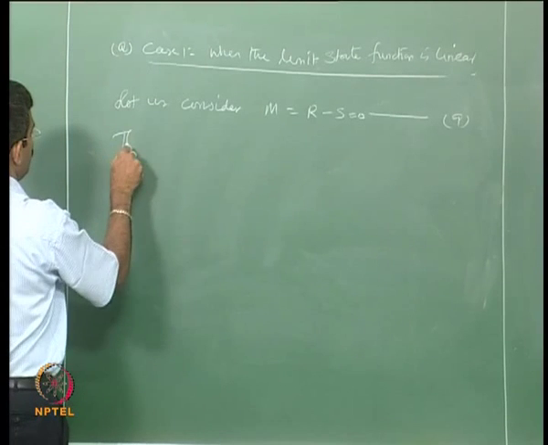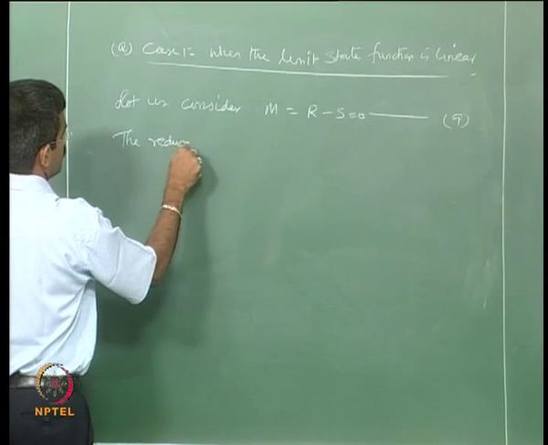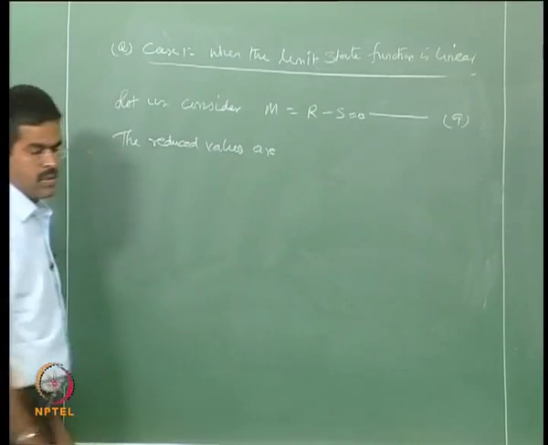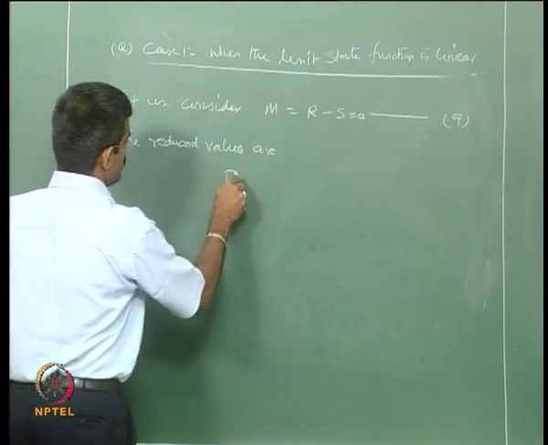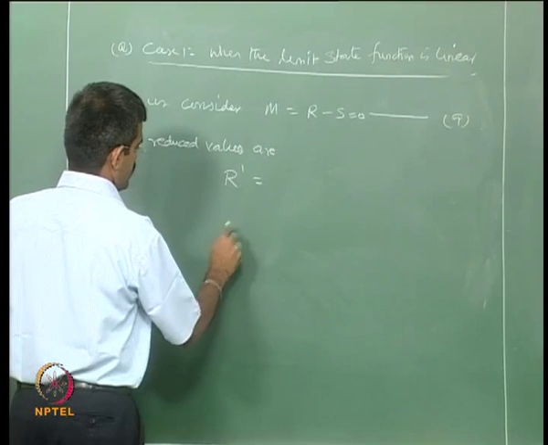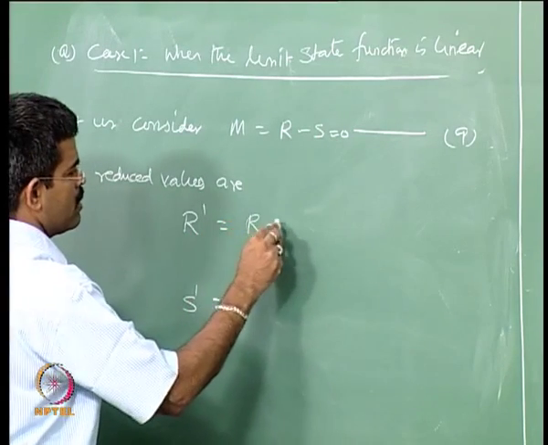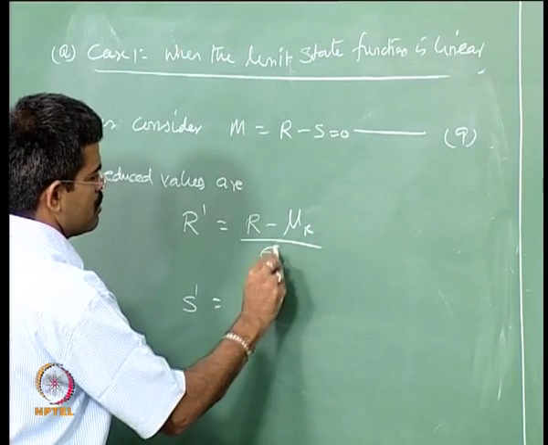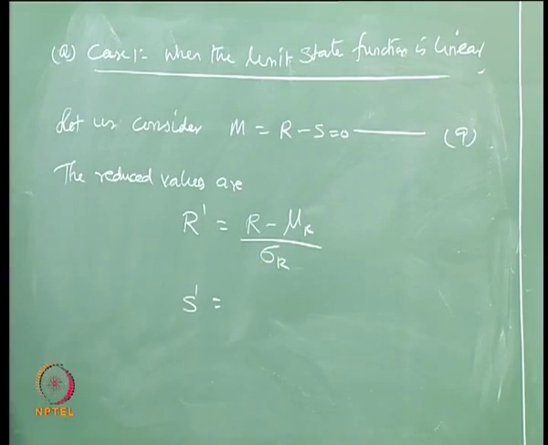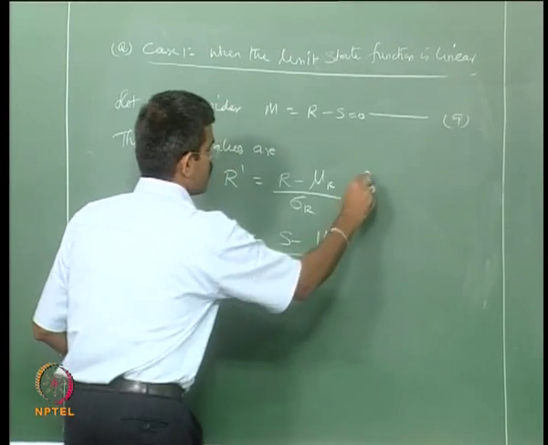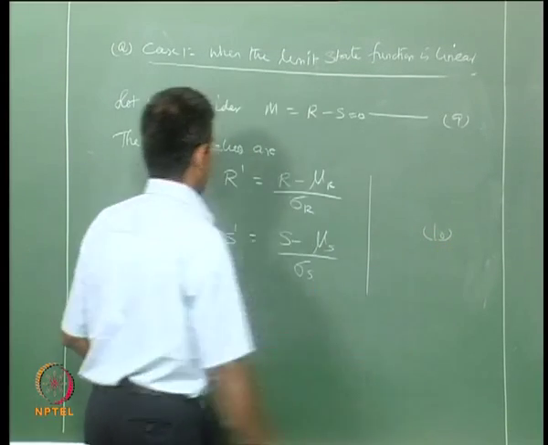The reduced values are r dash and s dash, which are r minus mu r by sigma r, and s minus mu s by sigma s, equation 10.